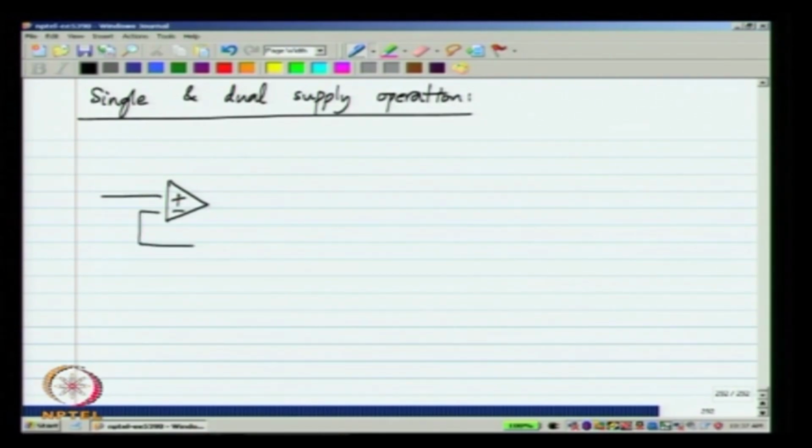So, let us say we have any circuit. For simplicity, I will take a voltage follower.